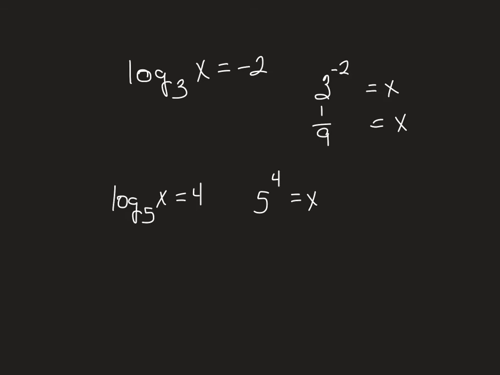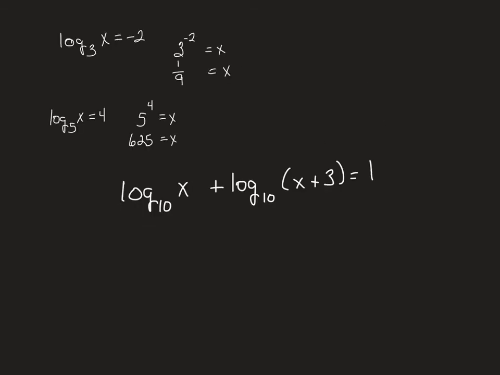Really, that's 5 squared squared. 5 squared is 25. 25 squared is 625. 625 equals x.